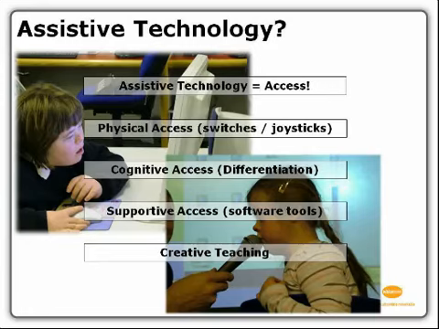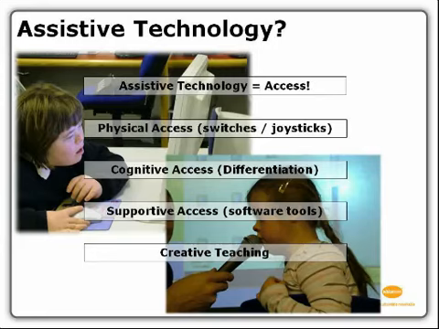They're about helping us to deliver what it is that we want to deliver, whether that's our curriculum, whether it's the communication needs of the person that we're working with, or indeed their leisure needs too, and that's something else that we'll look at as we go along.